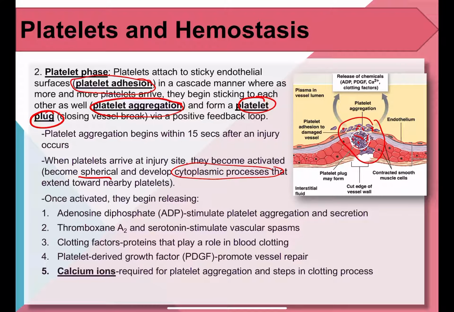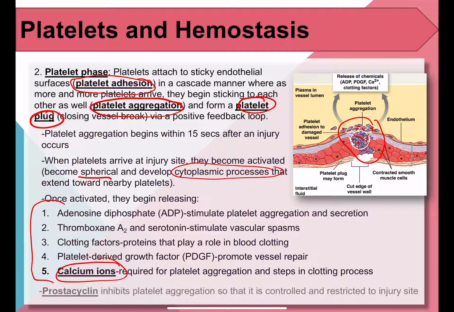And once activated, platelets start to release all these different things on this list. I don't expect you to remember all of these, but at least remember calcium ion is a critical component for the process of clotting. Under normal conditions, prostaglandins should also be released so we don't start forming blood clots everywhere, kind of like how heparin works, okay?